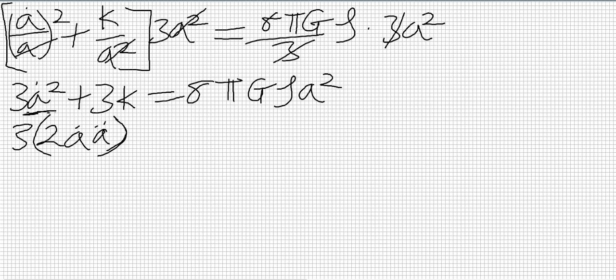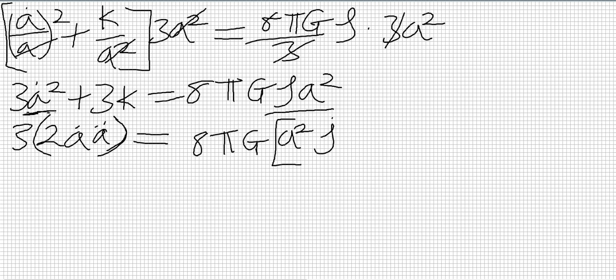Of course, no need to write the 0. It is equal to, on the right hand side, rho and a are both functions of t, and so differentiating them implicitly, of course, we will need to use the product rule. So doing that, we get 8 pi G, which is the constant part, into, now differentiating the two functions, we hold the first function and differentiate the second, plus we hold the first function and differentiate the second.